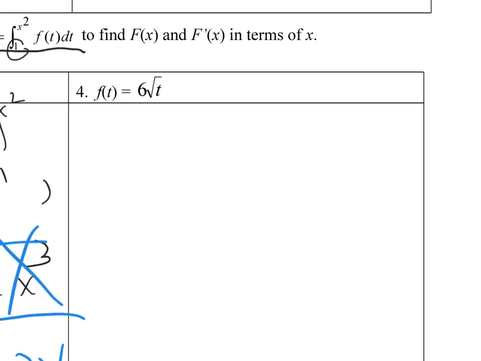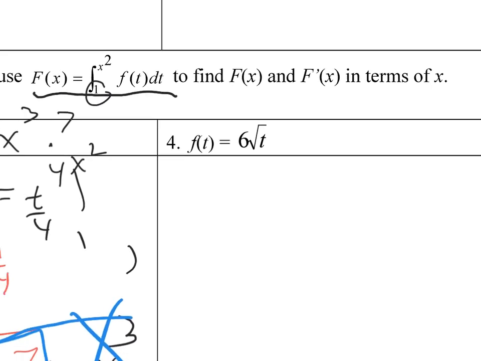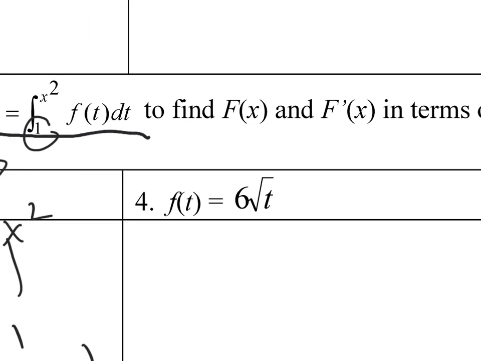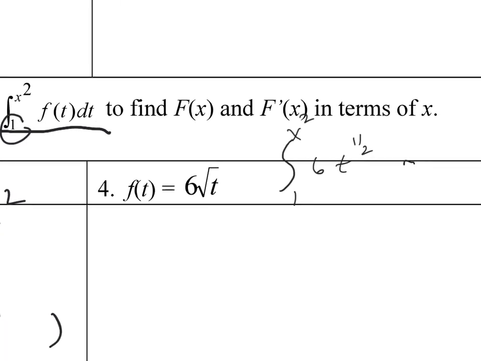Okay. So I'm going to predict my answer for this problem. We had the trick that if I was integrating from 1 to x squared of 6 times t to the 1/2 dt, the trick was all of my x squared goes here.